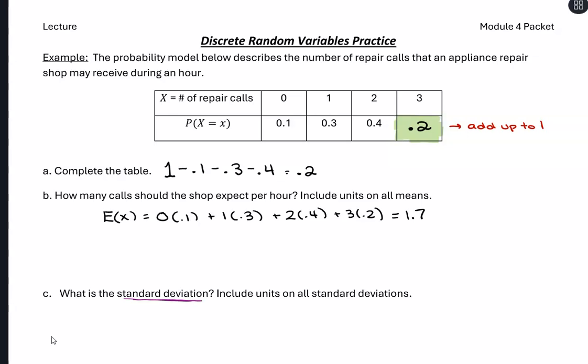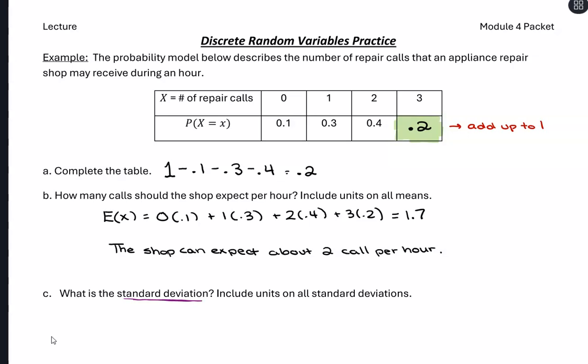So I'm going to say the shop can expect about 2 calls per hour. You could also phrase this as they could expect 1 to 2 calls per hour, since it's landing in between 1 and 2. Either way is good with me.